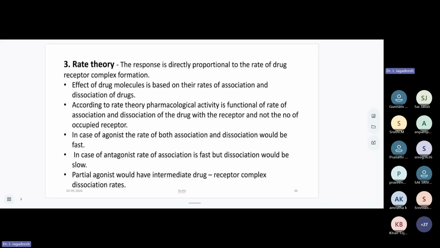Which rate theory applies is not the concern; whether the drug is acting or not is the concern. Once it shows a response, we go ahead with it as a drug, then we take up SAR and QSAR studies. Further, we improve the response. That is the journey in the lab approach.